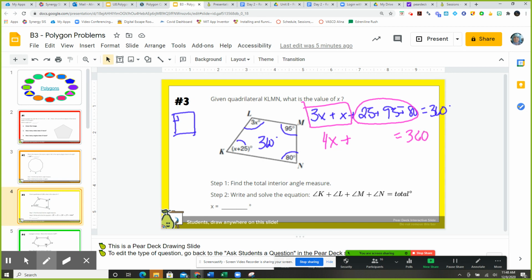I would say 120. I think 120. Put it in a calculator, double check. 200. 200, 220. So double check it because I see a 95 and a 25. So I think it's going to end in a 0.